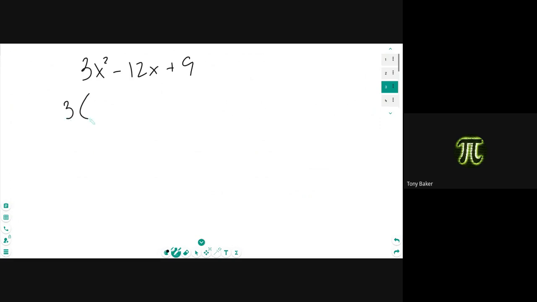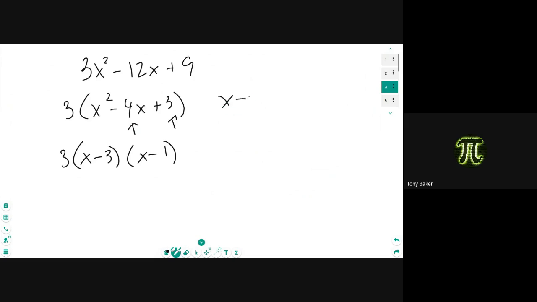So I can pull out a 3, right? And then I'm looking for two numbers that multiply to 3 and add to -4. So x minus 3 and x minus 1.